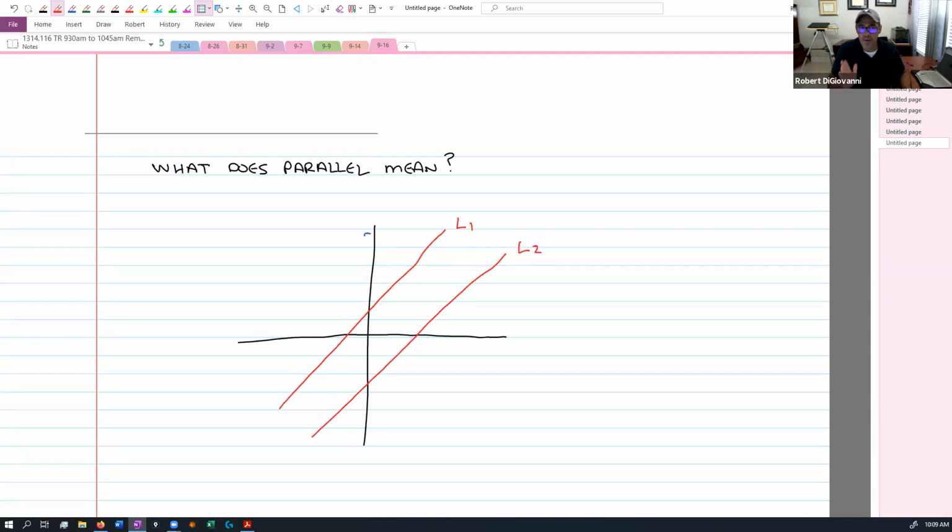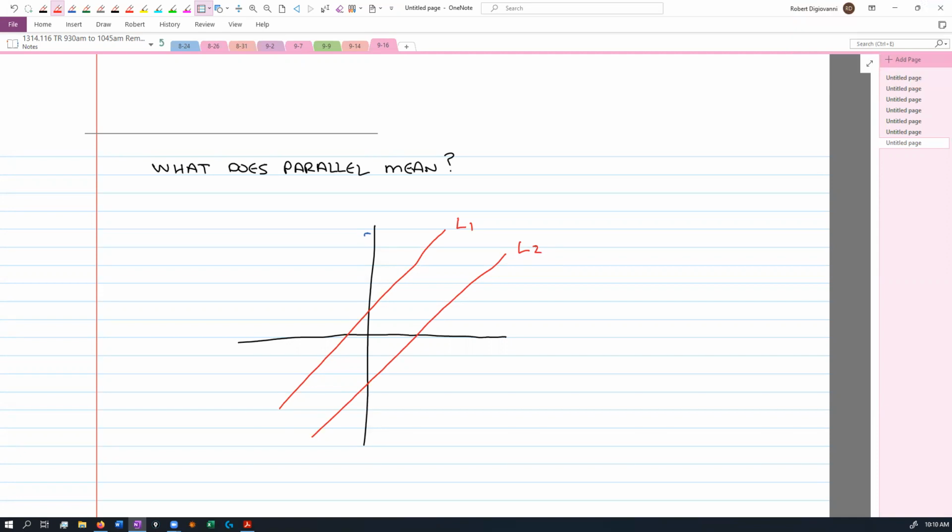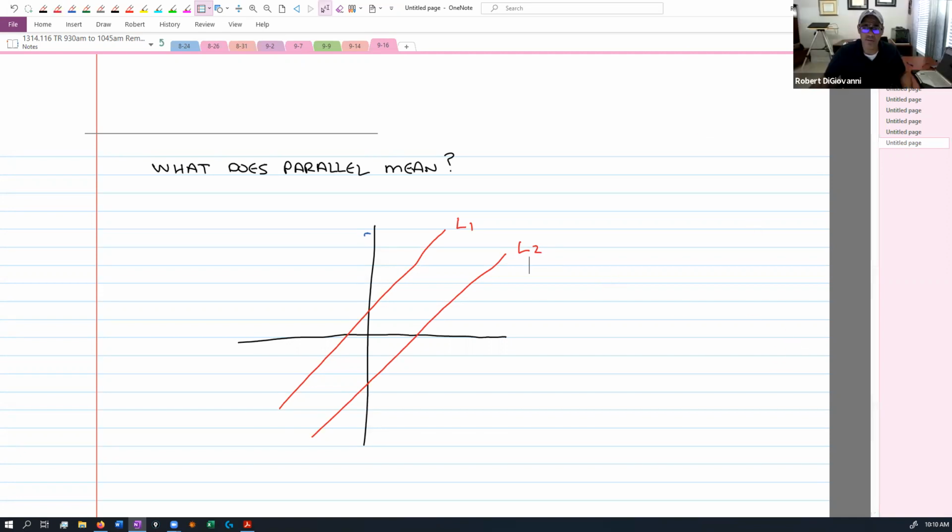That would mean that the slopes of these lines would have to be exactly the same, wouldn't they? The slopes would have to be exactly the same, because if the slope of line 1 and line 2 were different in any way, eventually they would cross each other somewhere. So parallel means they don't intersect.